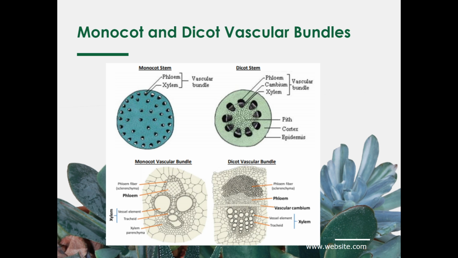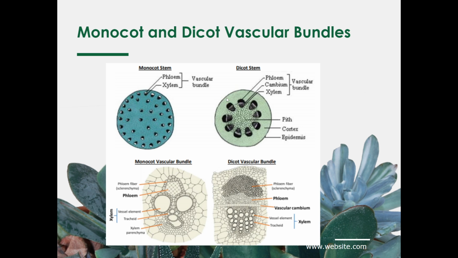So if we're looking at the monocot and dicot vascular bundles up in the shoot, we can see that the arrangement is still going to contain the phloem and xylem, or the vascular bundles. But their arrangement differs. For the monocot, you're going to have scattered xylem and phloem. For the dicot, it's going to be arranged in a circle.